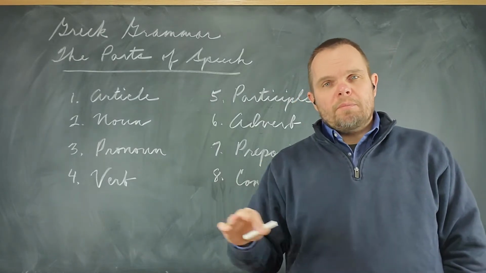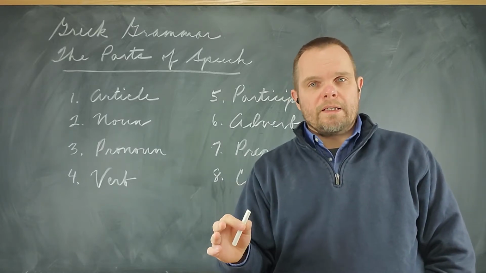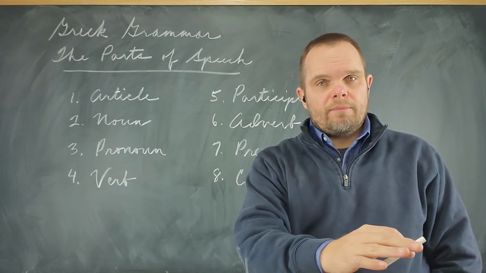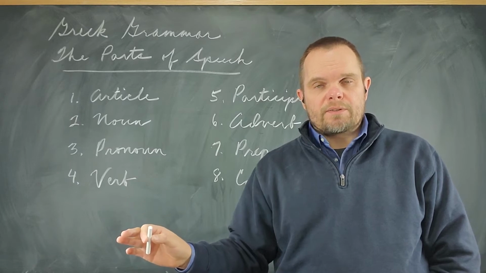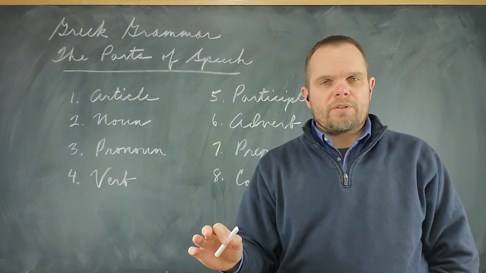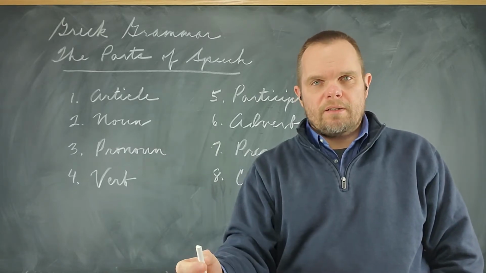Now, in modern language, in modern society, you may hear the word etymology used in a sense that's different from the sense we're going to be using it in our grammar class. In most contexts in modern language, etymology refers to the study of the history of words.